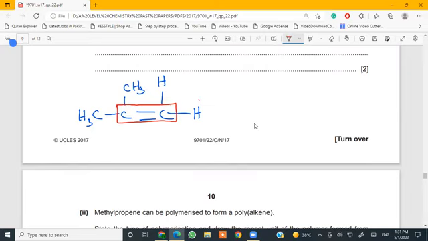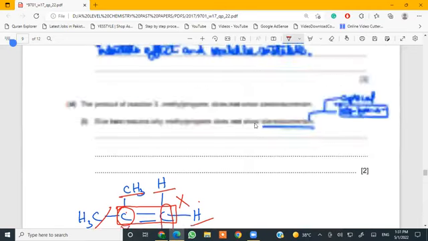Now, each of these 2 carbon atoms, just look at this one. This carbon atom must be directly bonded to 2 different atoms. Now, in this case, it is bonded to 2 hydrogens, so it cannot show cis trans, right? And the same applies on the second carbon as well. The 2 bonded groups are also exactly identical, so again it cannot show cis trans. So that's the reason.